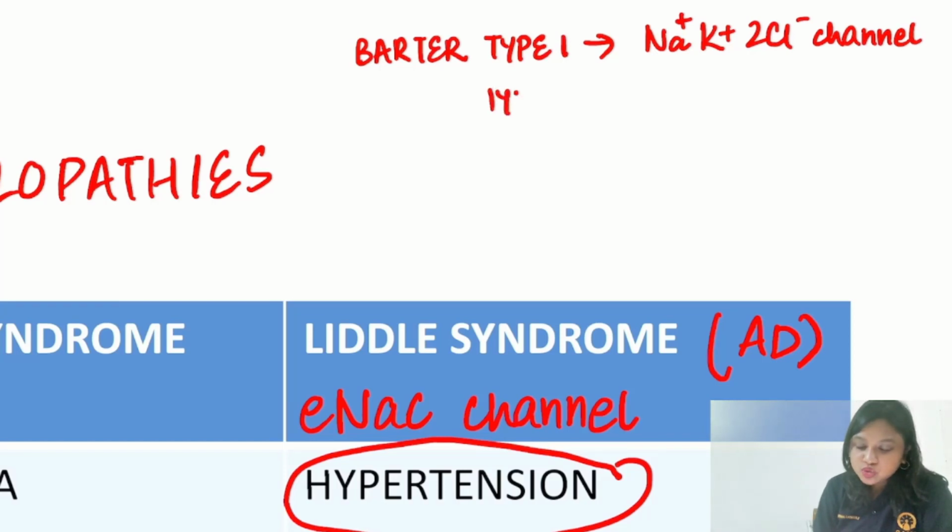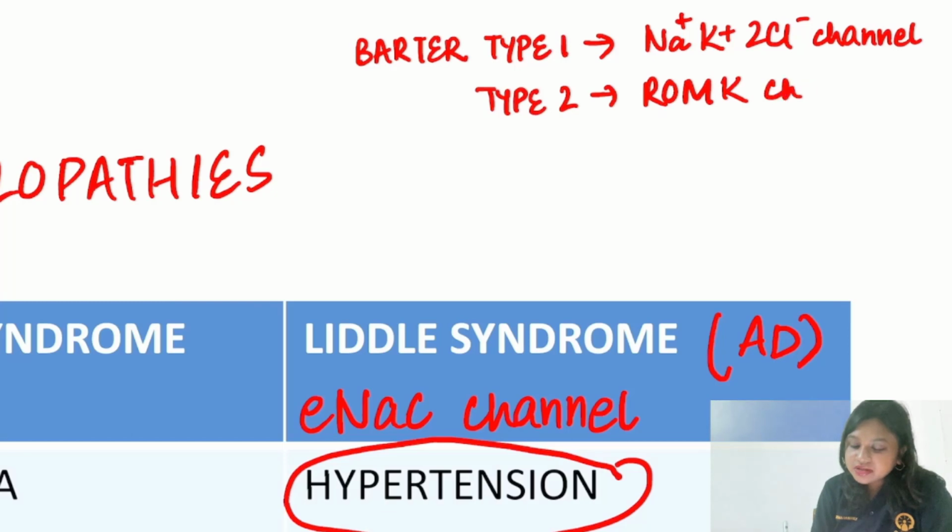Now type 2 is a defect of ROMK. It is a potassium channel defect. Whereas type 3 is a chloride channel defect in the basolateral membrane.